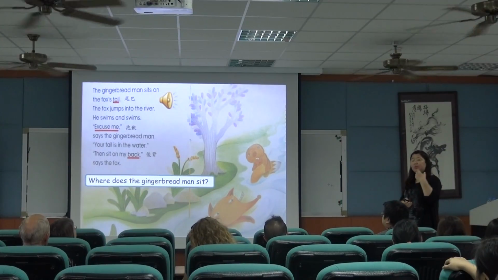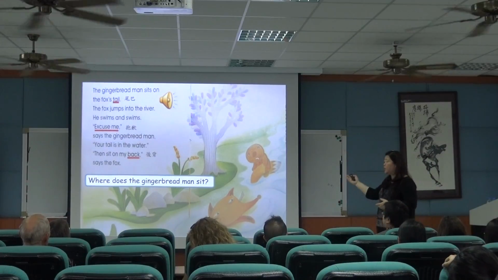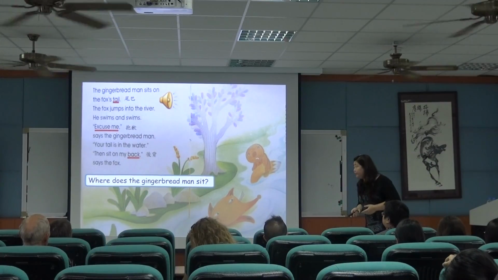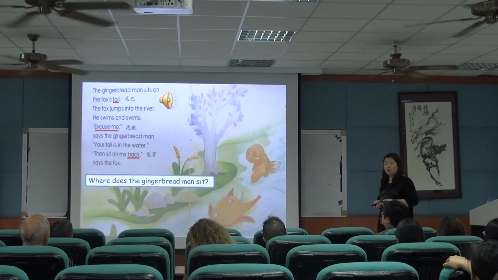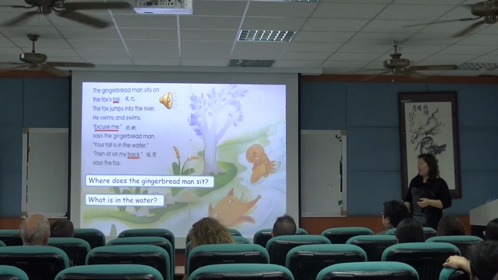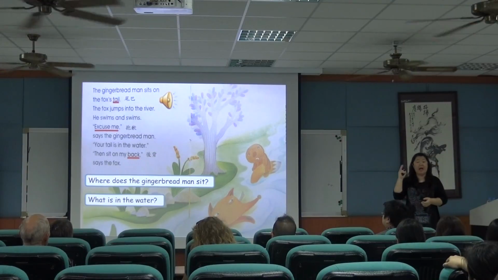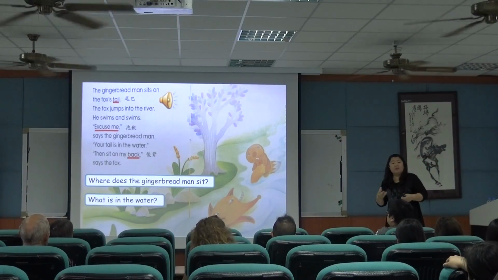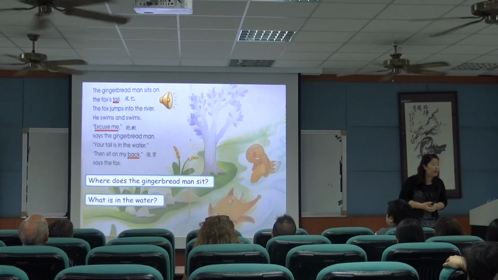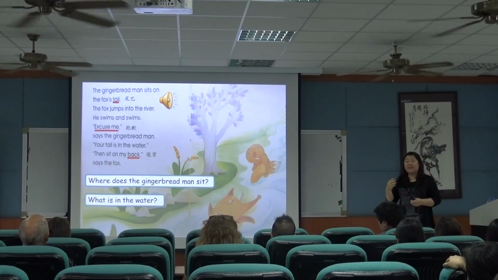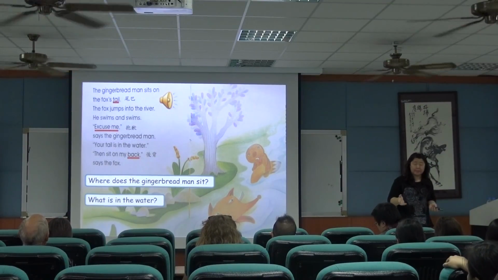We don't want them to just repeat after the teacher. We want to use questions to help them understand. Like, where does the gingerbread man sit? And what is in the water? Even though there are only 2 questions, they can try to comprehend the story better.